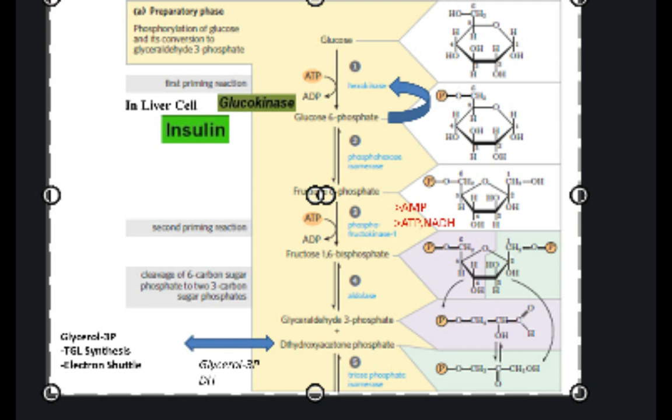When the cell is at a high energy state and at resting state, meaning there is a lot of ATP and NADH present in the cell, then this high energy level will stop phosphofructokinase 1, and this reaction will stop, meaning glycolysis will stop here.